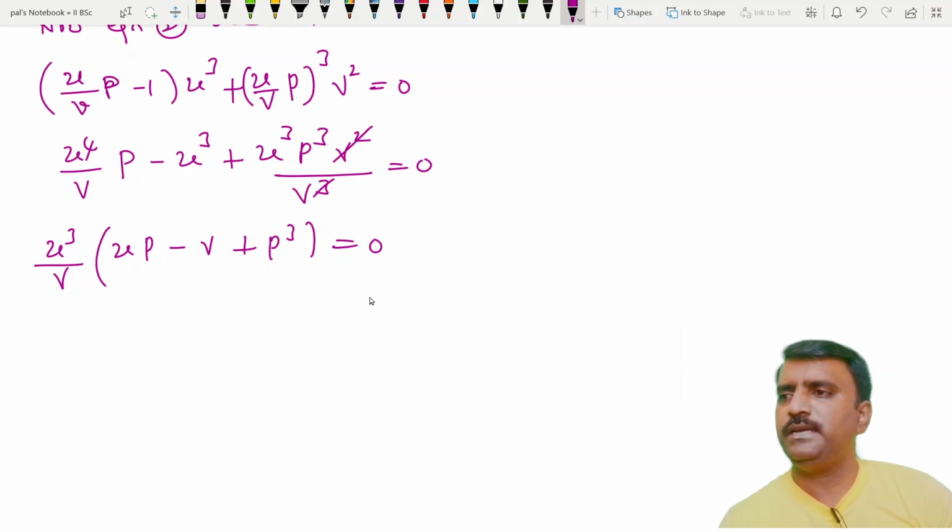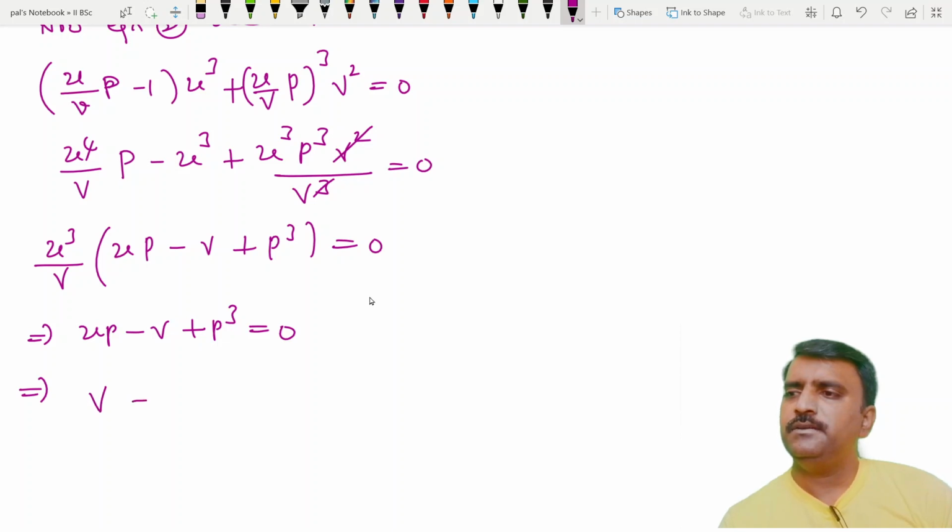Which implies that uP minus v plus P cube is equal to 0, which implies that v is equal to uP plus P cube, isn't it? So now you take this equation as 4 or 3.